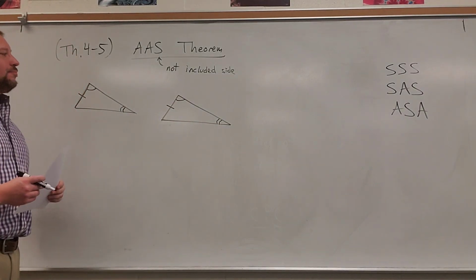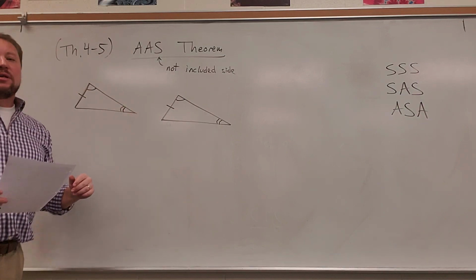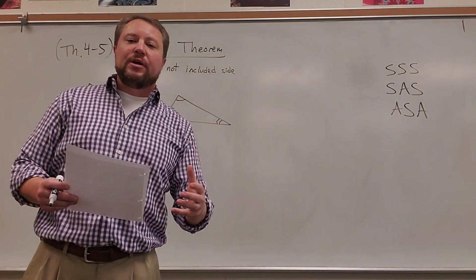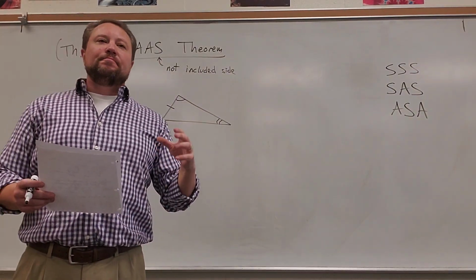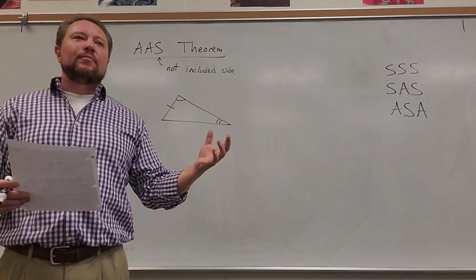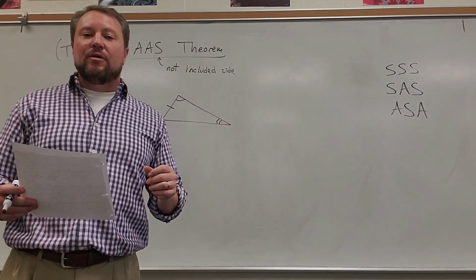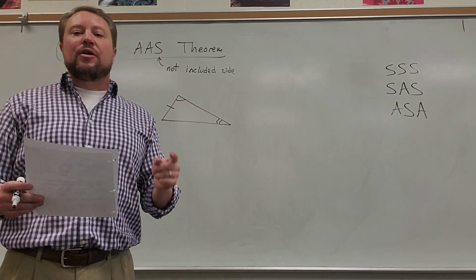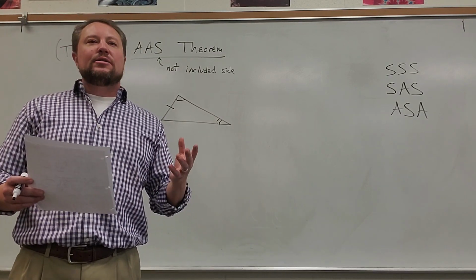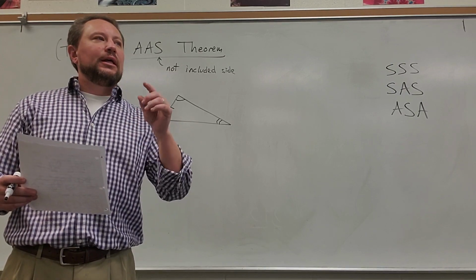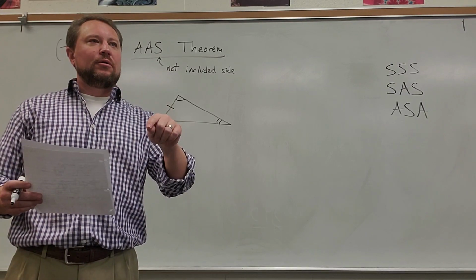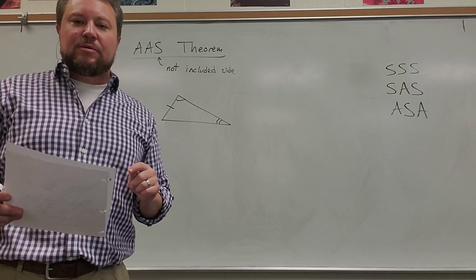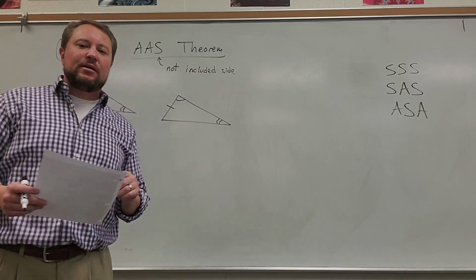Now, the reason this works actually goes back to another theorem we had. I can't remember the theorem number, but if you look into all your old postulates and theorems, we had a theorem called the third angle theorem. It was earlier in this chapter, right before we went on this extended break.